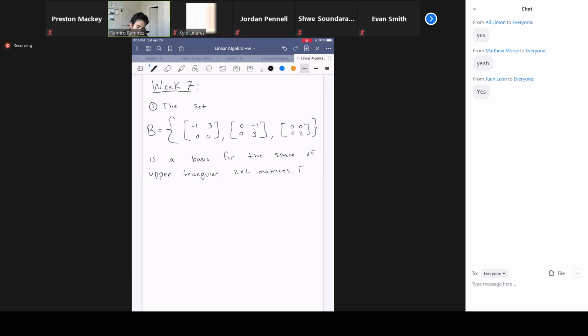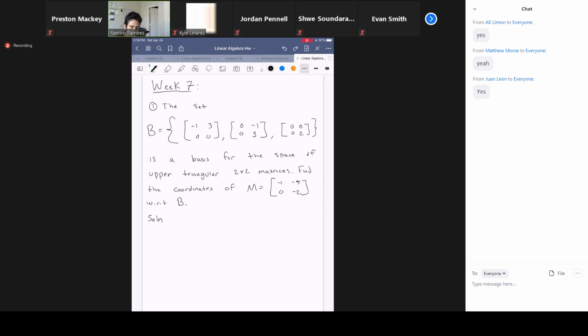So we just need to find the coordinates of M, which is this matrix here, -1, -5, 0, -2, with respect to the basis B, okay? If you remember, this was in the past class, right? We talked about coordinates of spaces with respect to other vectors.